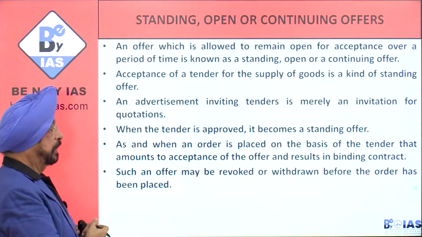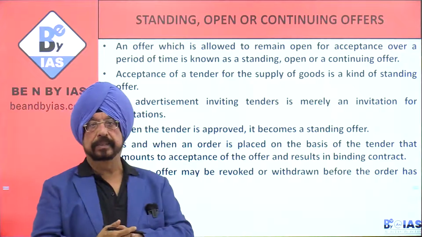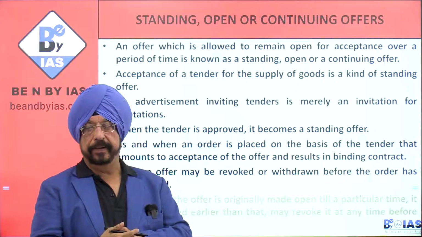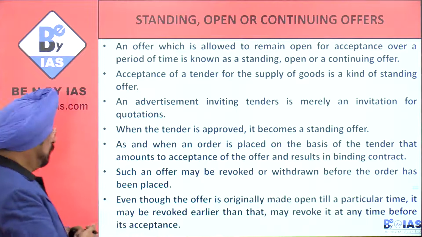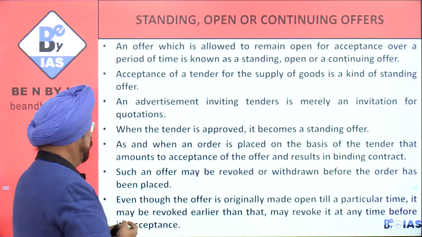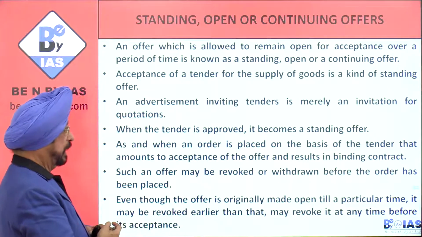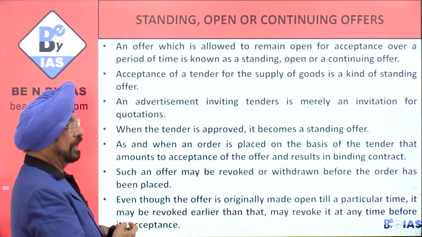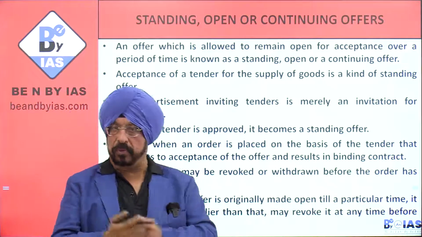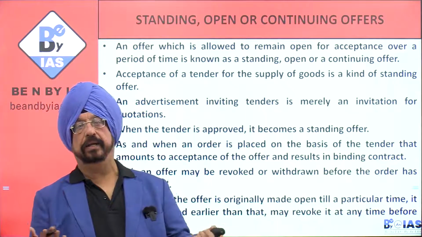Such an offer may be revoked or withdrawn before the order has been placed. Even though the offer is originally made open till a particular time, it may be revoked earlier than that, at any time before its acceptance. So, before acceptance, an offer can be revoked at any time.